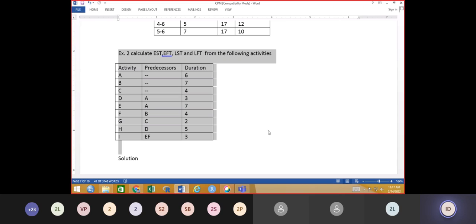Note down this. First of all, before we calculate the time estimates, we have to construct the network diagram. The basic need is to construct the network diagram. Note down the example and draw the network diagram. Time calculation is very simple. While drawing the diagrams, we only have to apply a little bit of logic.